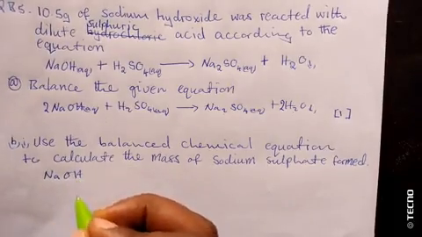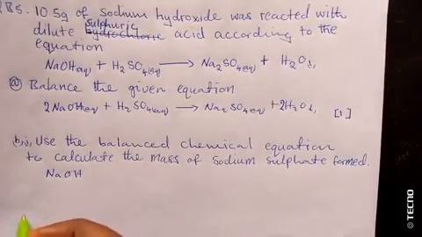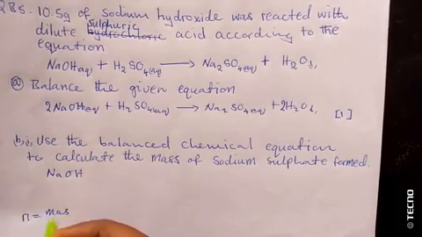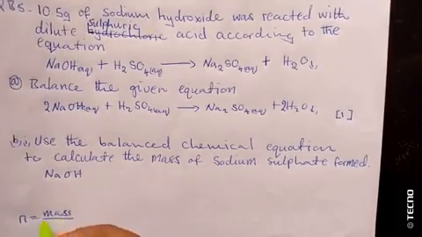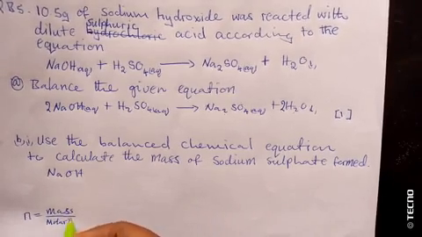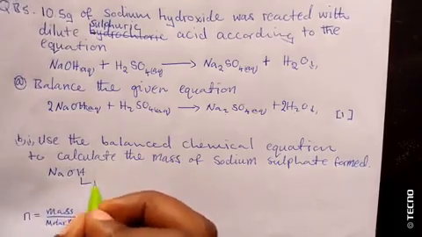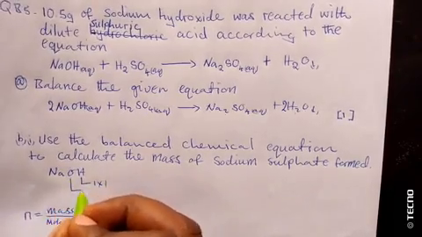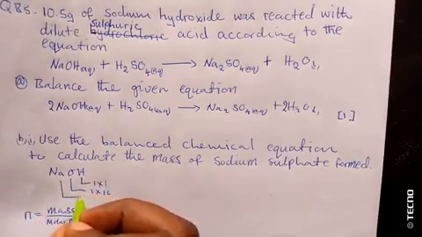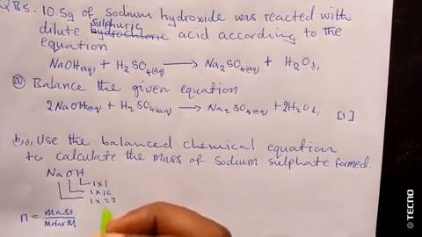What I want here first to find is the mole, which is n, is equal to mass over molar mass. So molar mass, we'll say hydrogen it's 1 times 1, then oxygen it's 1 by 16, then sodium it's 1 by 23. That is the mass numbers.